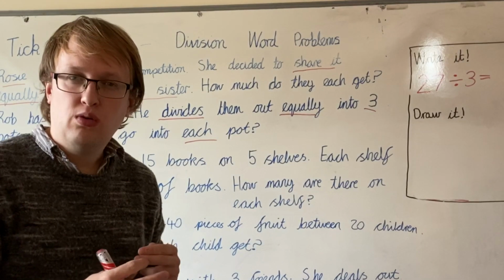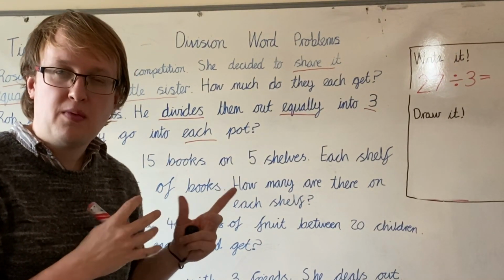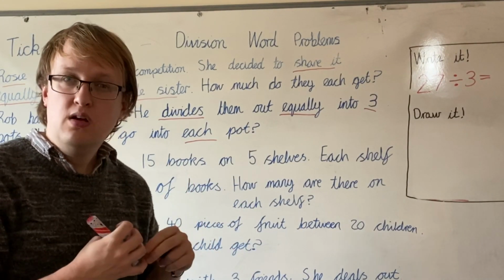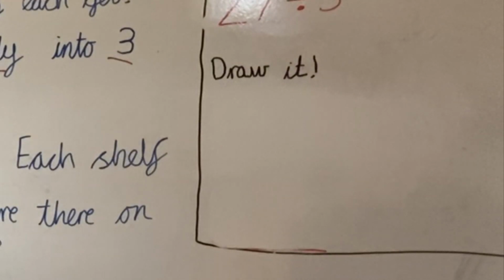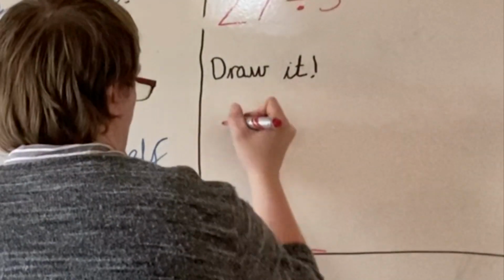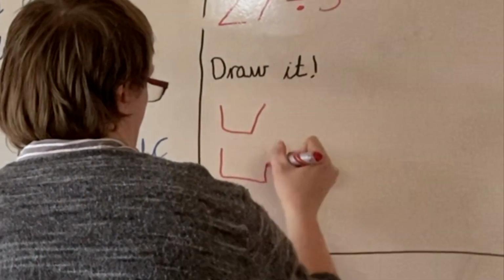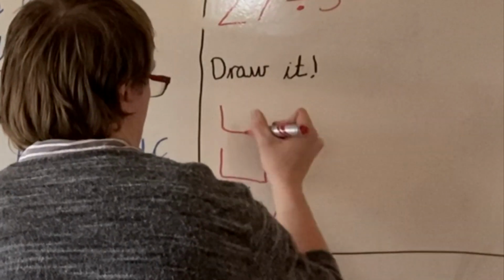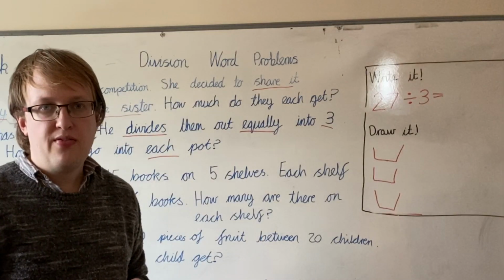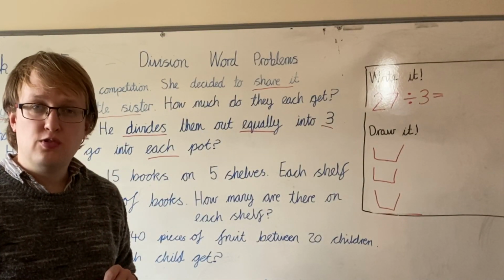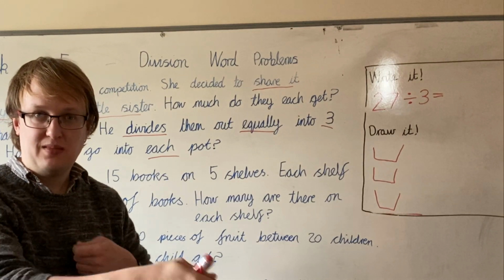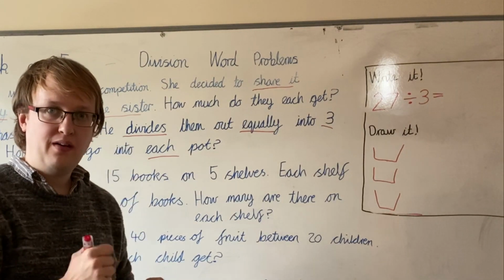I'm going to try and draw what's happening in this problem, because it just really helps me visualise what's going on. So I'm going to draw 3 pots and I'm going to share out 27 pencils. There are my 3 pots, and now I'm going to draw 27 pencils and I'm going to share them out, so one by one.